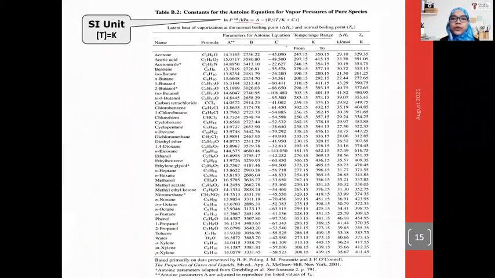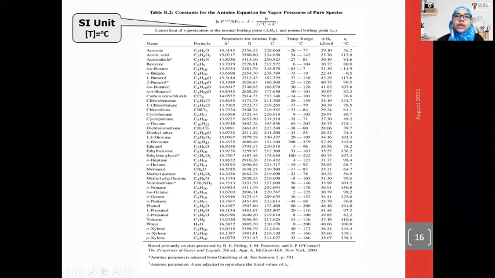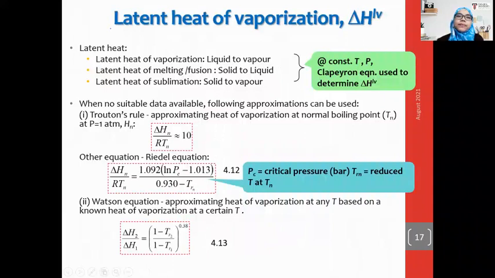This is how you can extract the values A, B, and C depending on the substance, for which the range of temperature is already mentioned. So you may refer to the temperature range, and then insert the values of the constants into your Antoine equation. Okay, this is based on the degree Celsius unit.